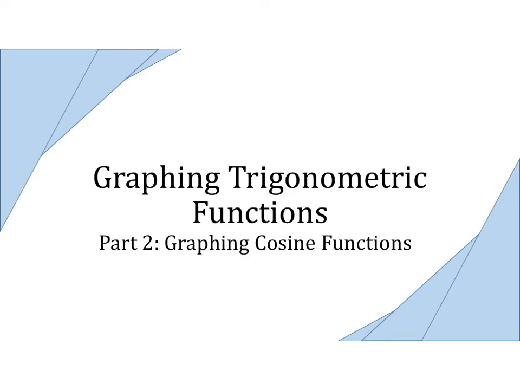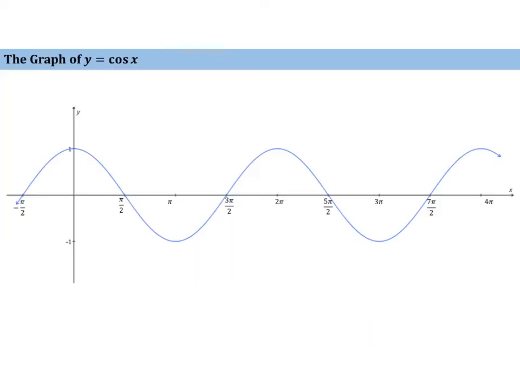In the last video, we looked at graphing the sine function. In this video, we're going to look at a very similar function called the cosine function. You'll notice that the cosine function is also periodic, meaning that it oscillates back and forth, repeating the same pattern over and over and over again.